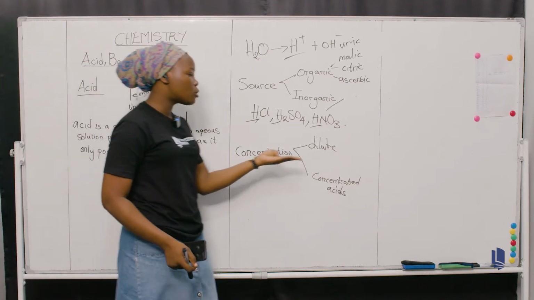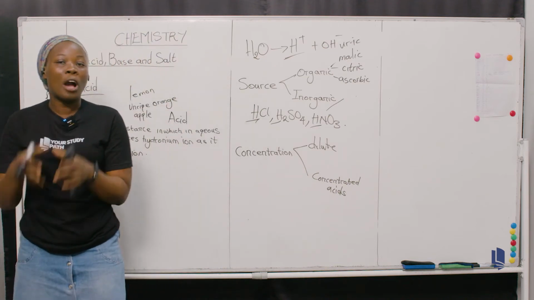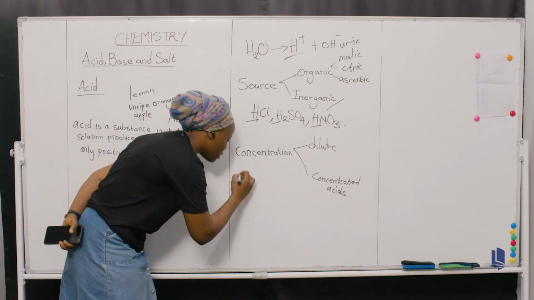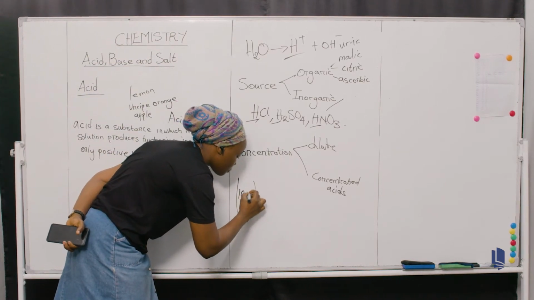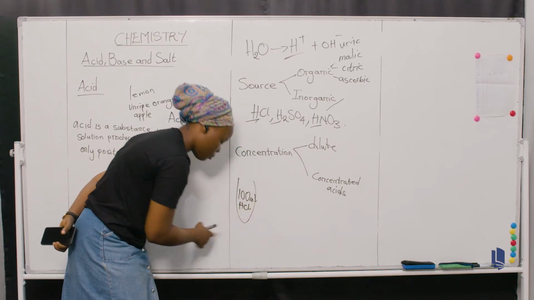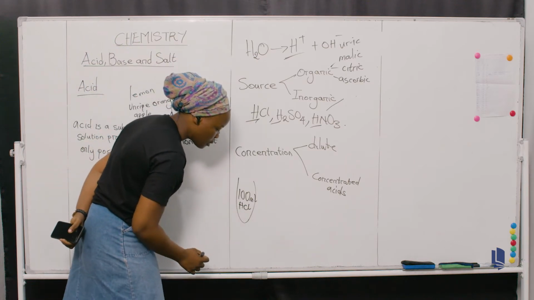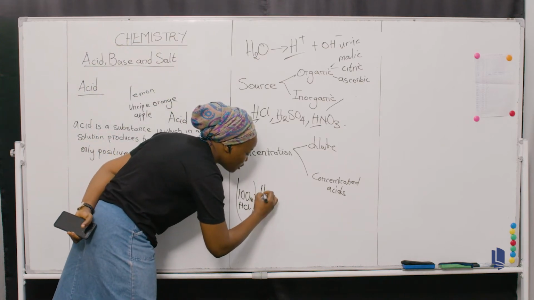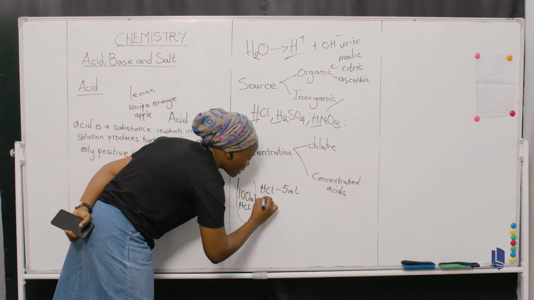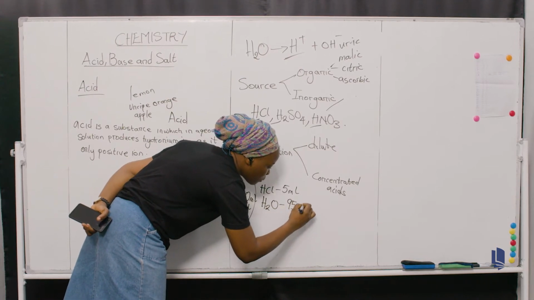So for dilute acid, we are considering the solution, and it will be the acid itself and water in order to form a solution. Assuming you decide to prepare 100 ml of HCl solution, the acid itself is around 5 ml, whereas the water added is 95 ml.